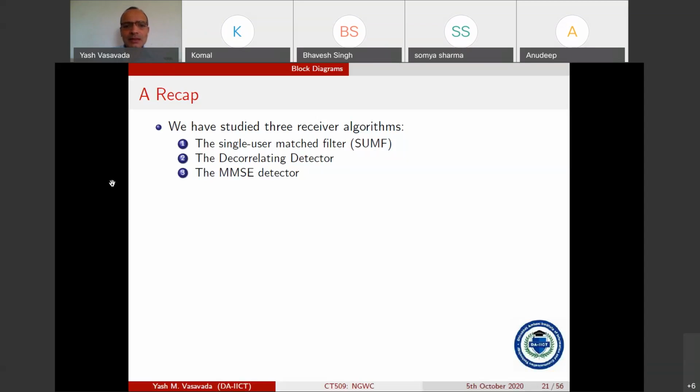We have studied these three different receiver structures, and we have seen that they are applicable in a variety of different application domains, although we have looked at currently only two.